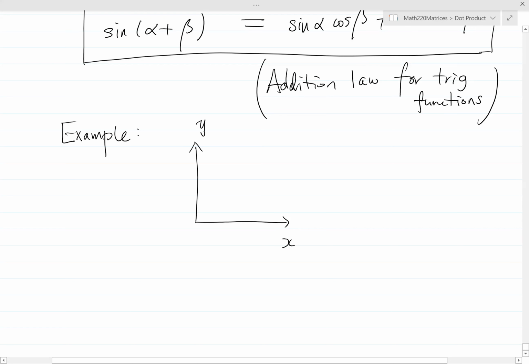Last time we rotated in the positive direction by pi over 2. Now let's rotate in the negative direction, a negative angle. So we get R negative pi over 2.